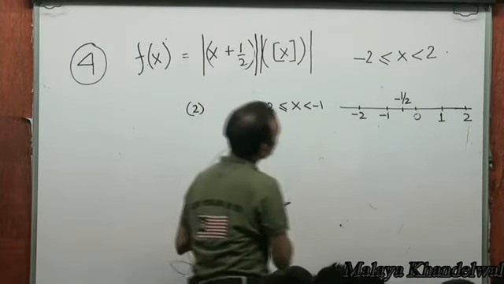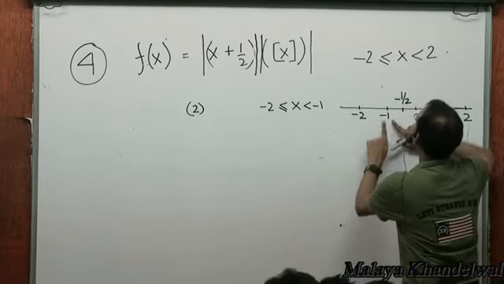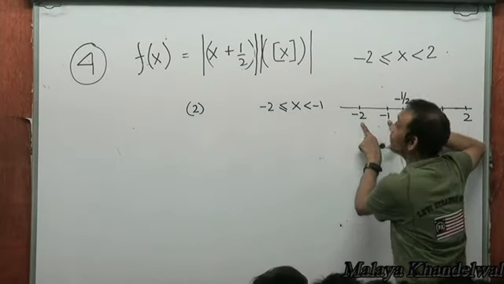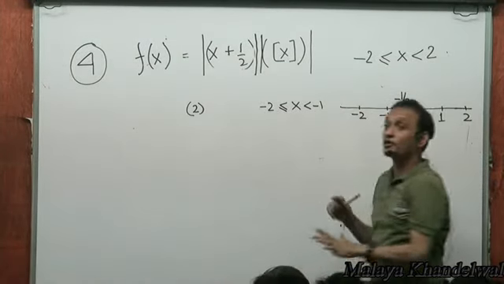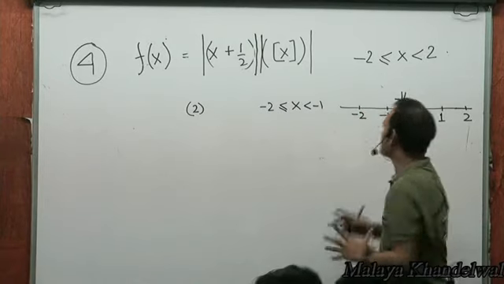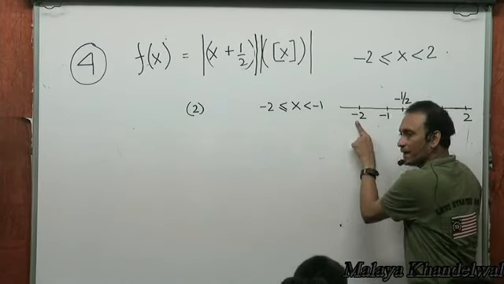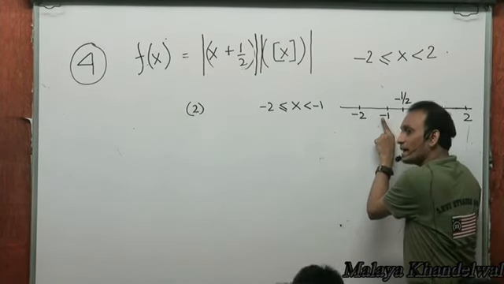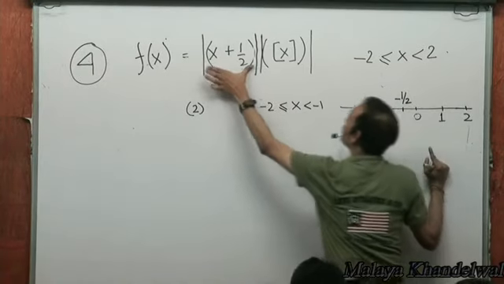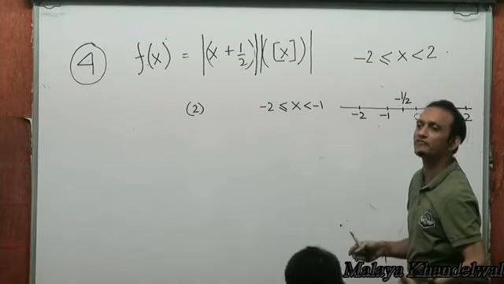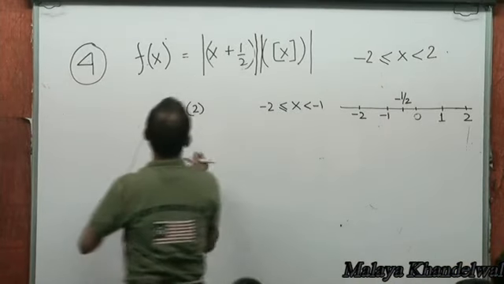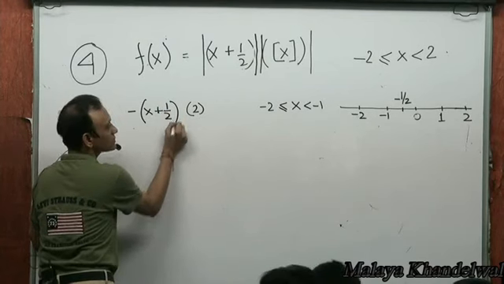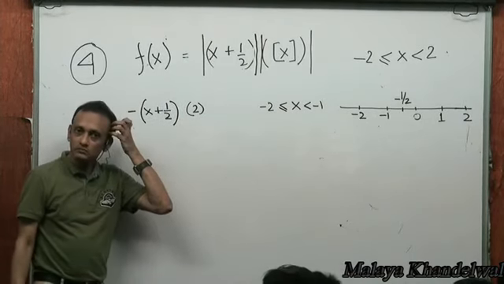And since x is in this interval, x is less than minus half, so x plus half will be negative, and mod of x plus half would be minus of x plus half. Yes or no? Right? Do you all understand this? Clear, no?